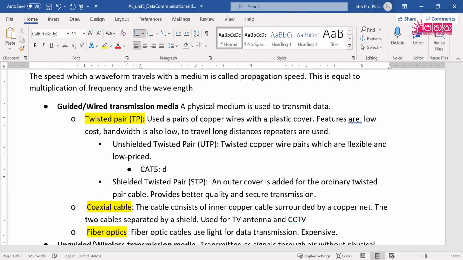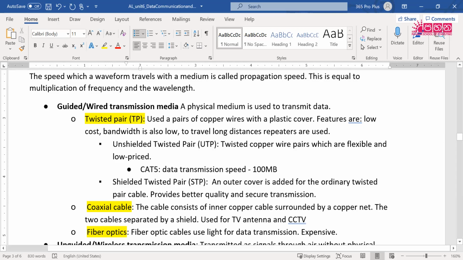In Cat5, data transmission speed is about 100 megabits per second.